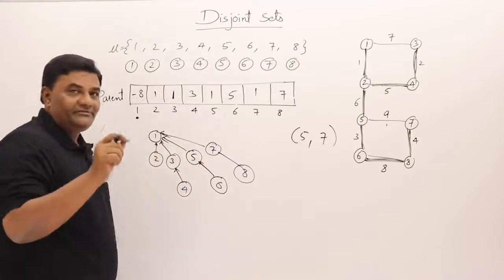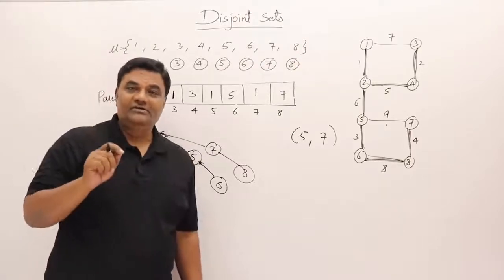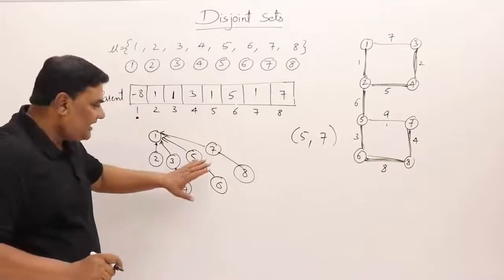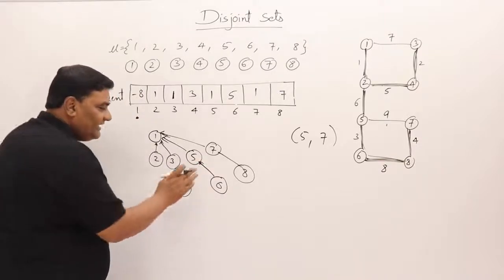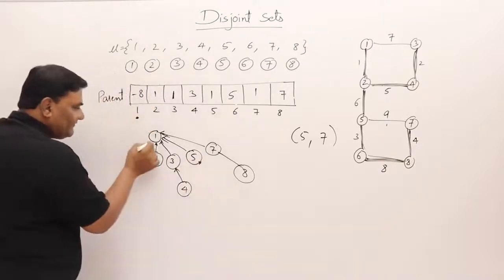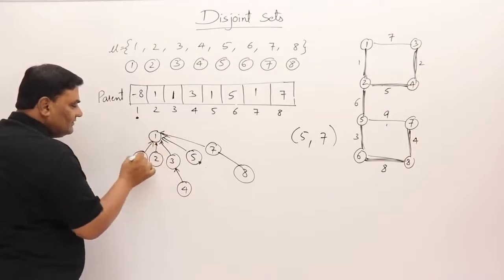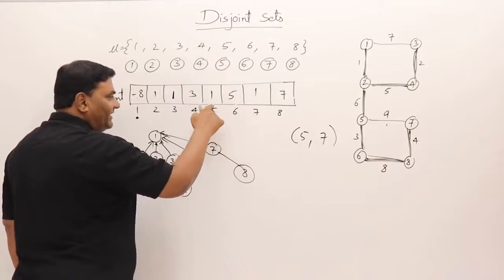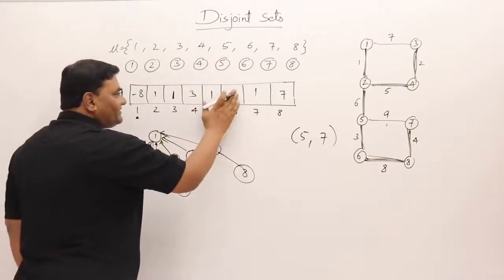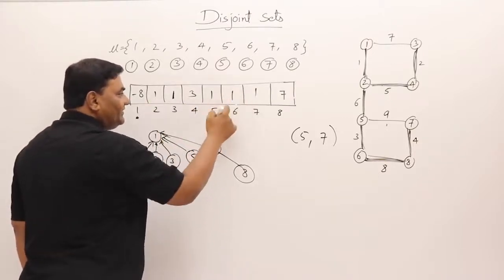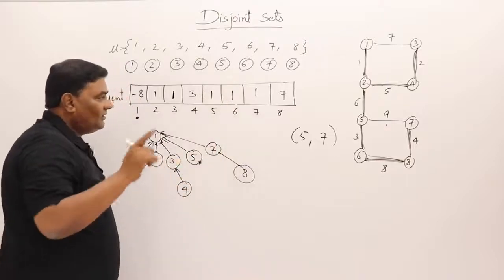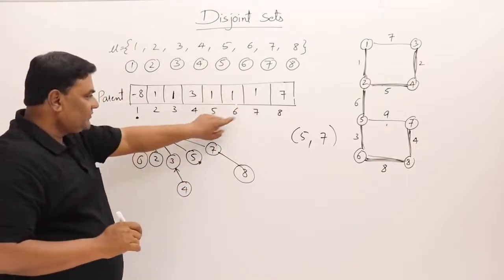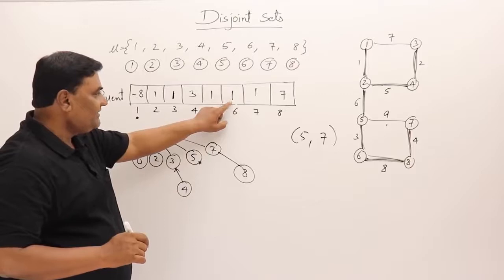But once we find out that the parent of 6 is 1, we don't have to keep it there only. We can directly bring 6 under 1. So here also, in 6, 5 is the parent, 5's parent is 1. So for 6 also it is 1. So we can directly modify this one. Now whenever we say find 6, go to index 6. What is there? 1.